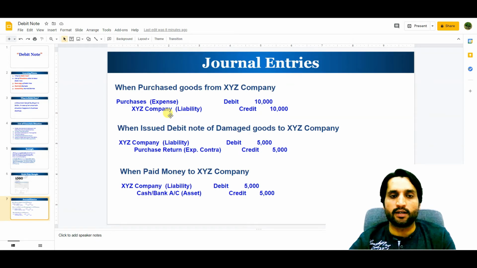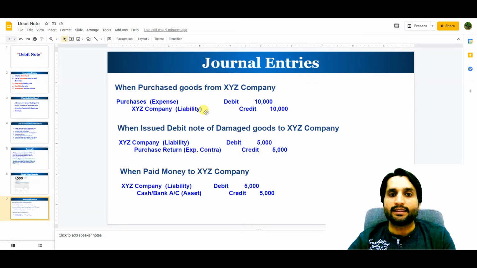Now when we found that 5,000 worth of goods are damaged, we need to return those goods. When we return them, we need to issue a debit note and record this transaction in our accounting books. XYZ company's liability will be debited by 5,000 and the purchase return expense contra account, the contra account of purchases, will be credited by 5,000.